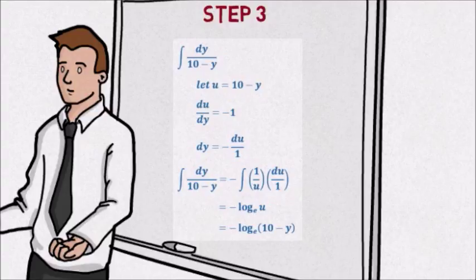So, the integration of dy over 10 minus y is equal to negative integrate 1 over u multiplied by du over 1, and the answer we will get is negative log u to the base of e. Now we will substitute the value of 10 minus y into u. We will get negative log 10 minus y base e.